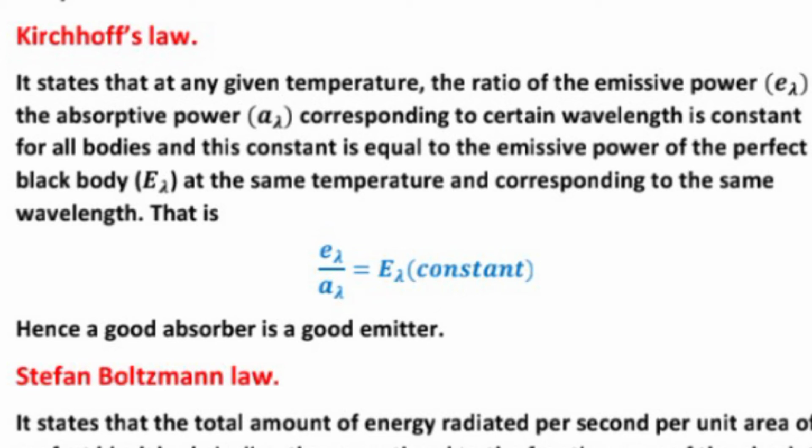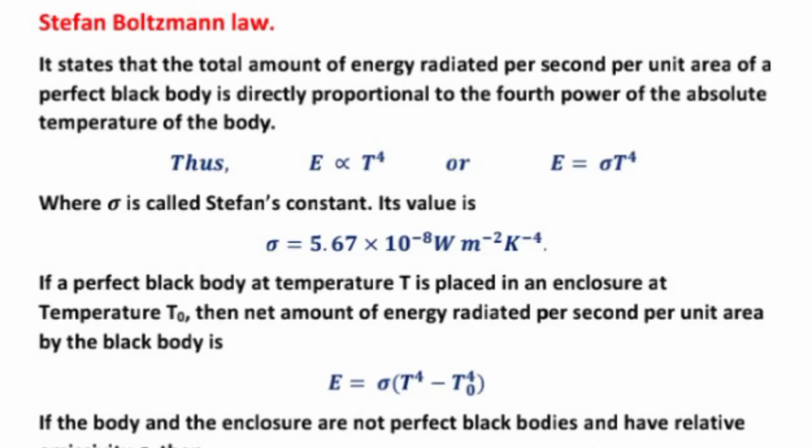Stefan-Boltzmann law. What is Stefan-Boltzmann law? It states that the total amount of energy radiated per second per unit area of a perfect black body is directly proportional to the fourth power of the absolute temperature of the body, and it can be written as E directly proportional to T to the power 4, or E equals sigma T^4.